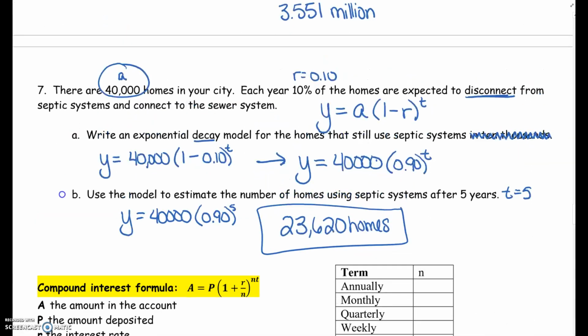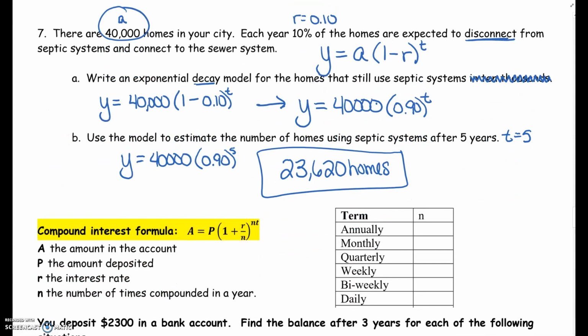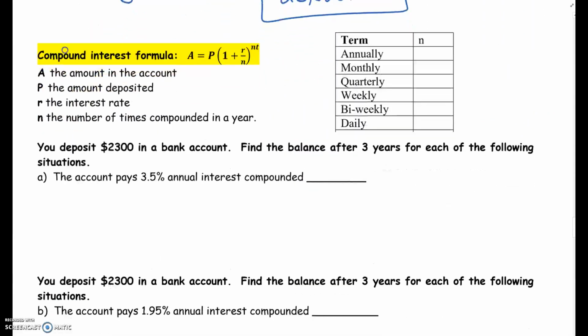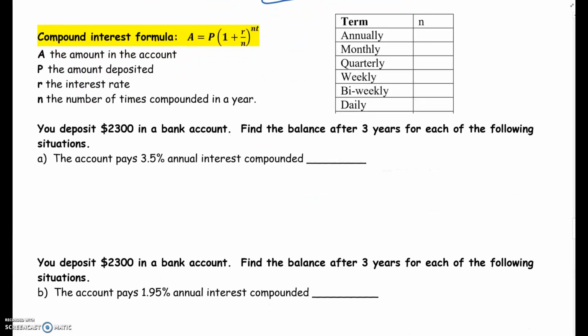Okay, that's the growth and decay models. There are some problems like each of those on your worksheet. There's also the compound interest formula. Compound interest formula, it really is just the growth model. P is your starting amount. They call that the principal. It's the amount that's deposited originally.